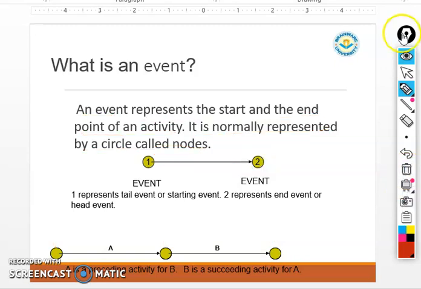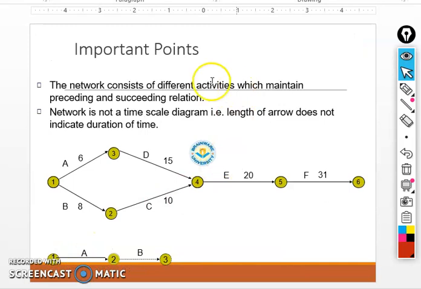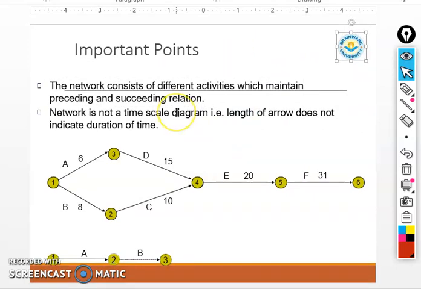In the next slide we'll use some important ideas. Here is an important point regarding networks.